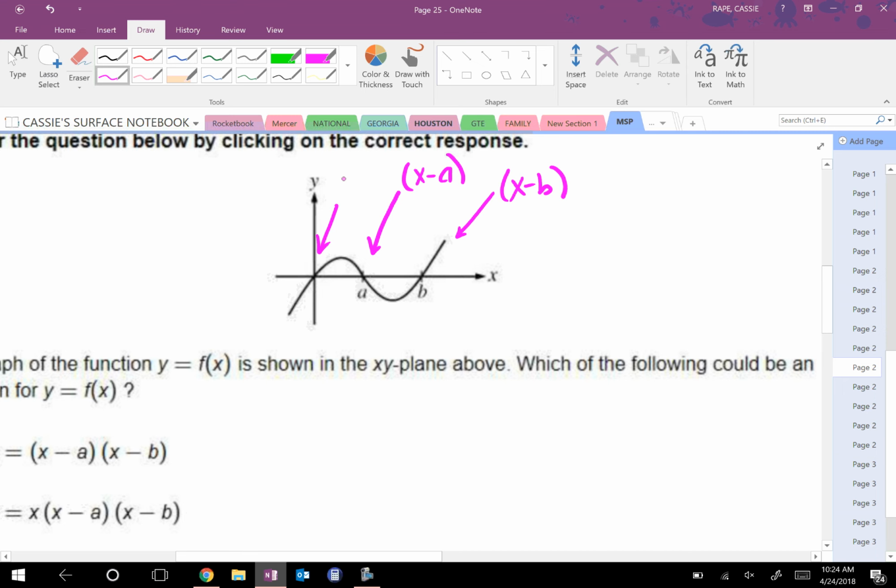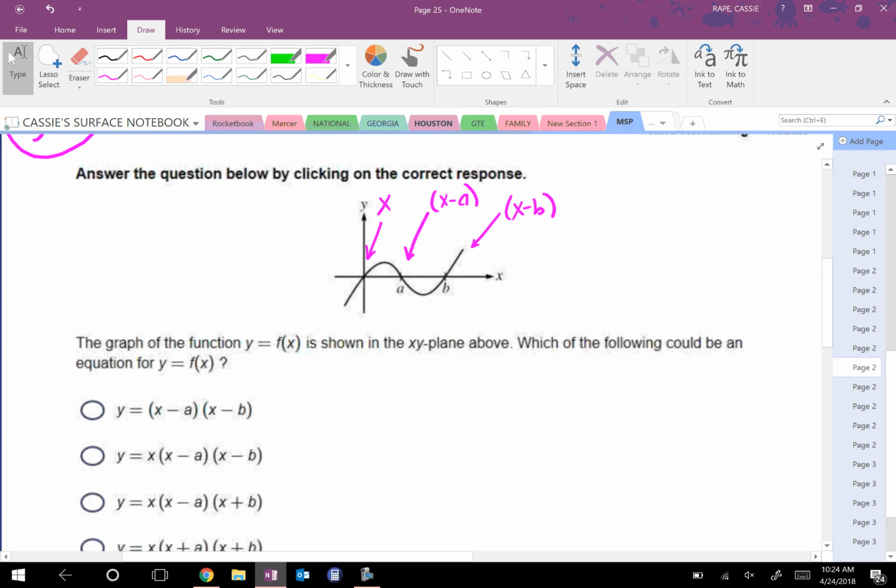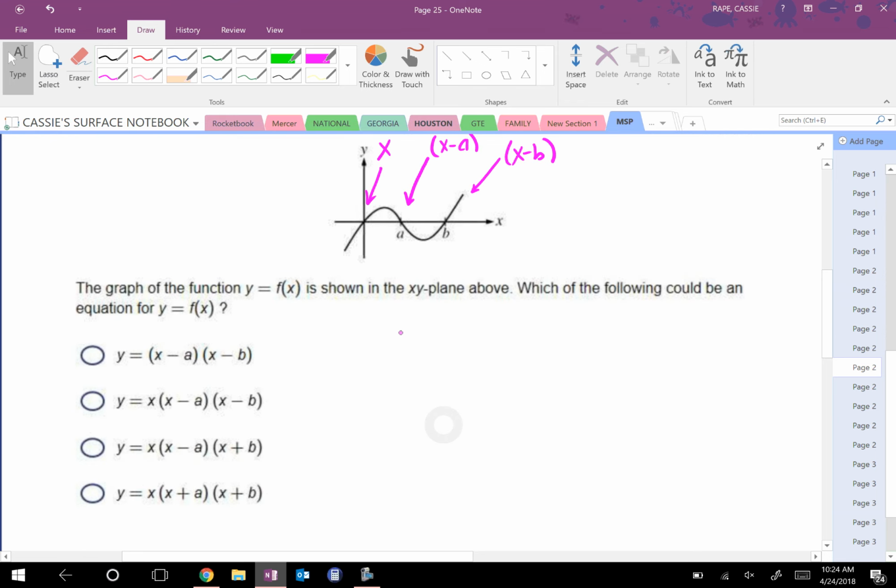So the factors of the function that could create this are, actually it's using y, y equals x times x minus a times x minus b. And those are here. The answer is B.